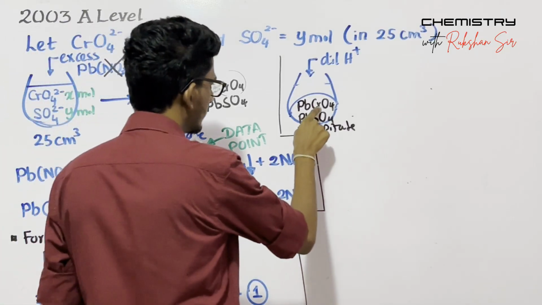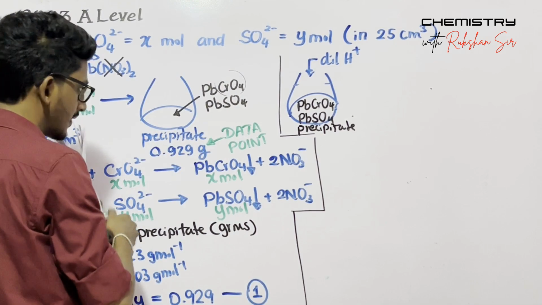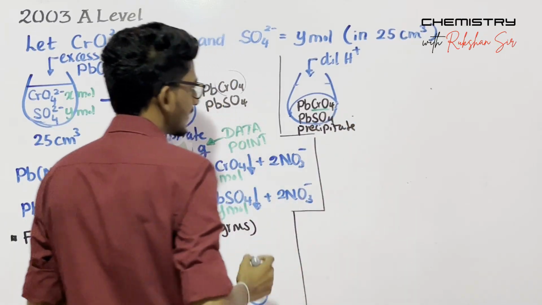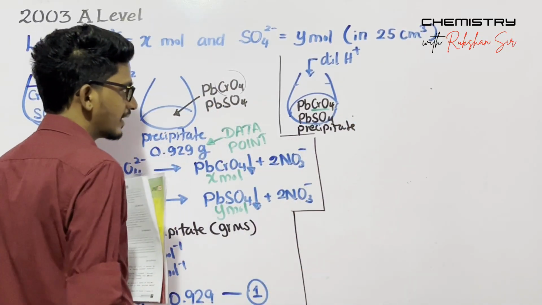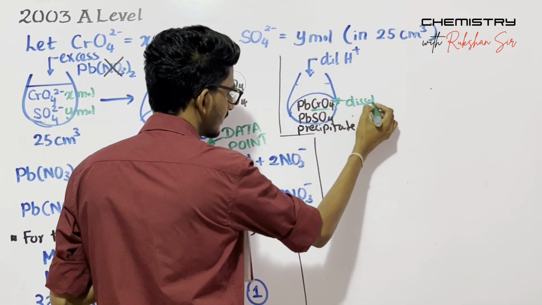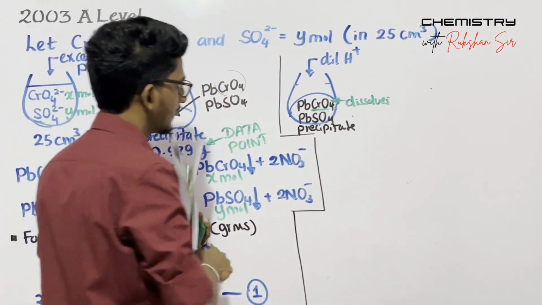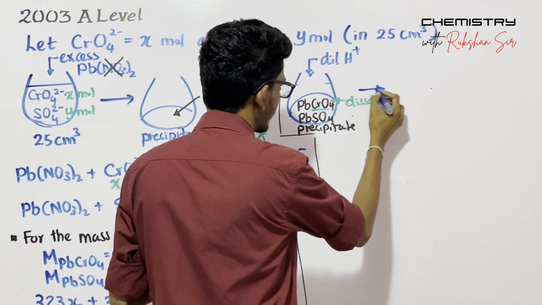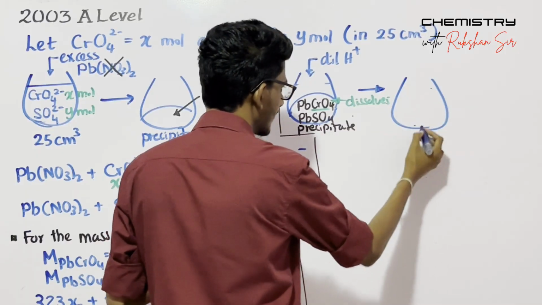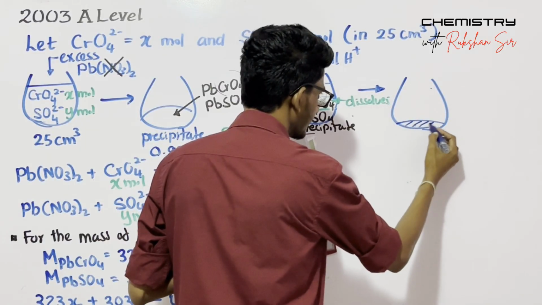This thing will dissolve while this stands, as this is not coming from a strong acid. So this dissolves, and after adding the acid, the solution becomes like this, right? Precipitate will remain.